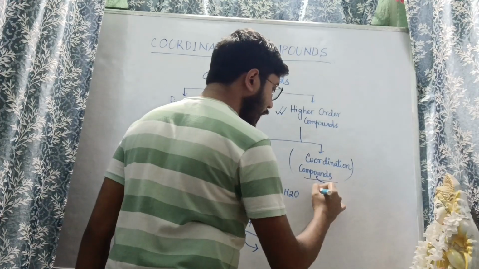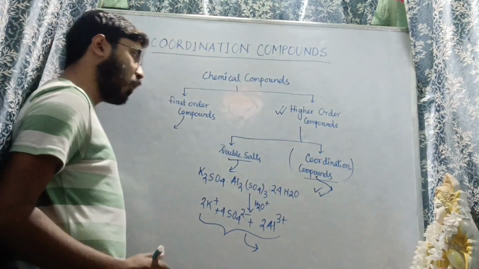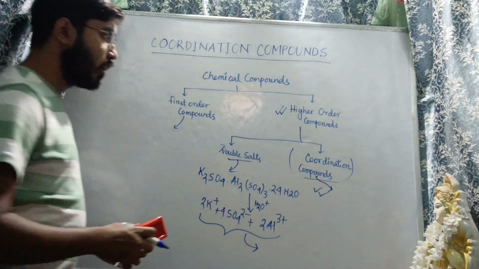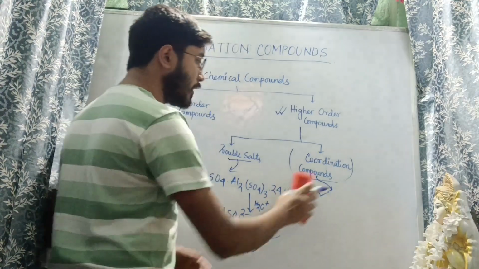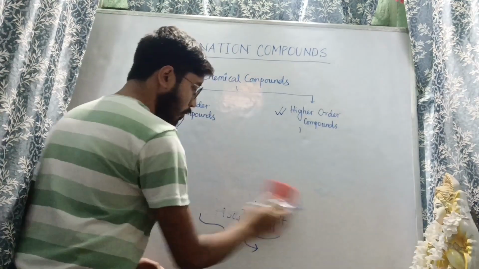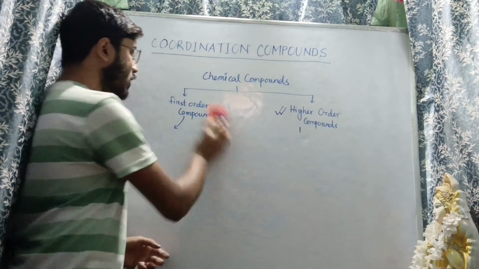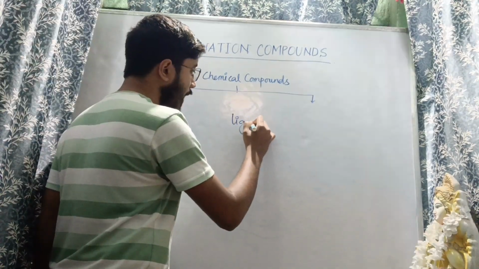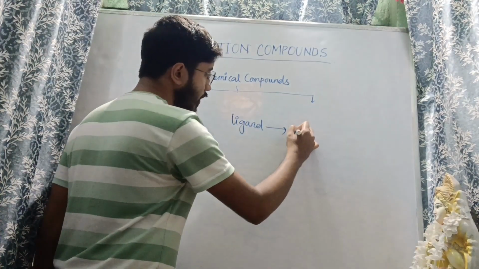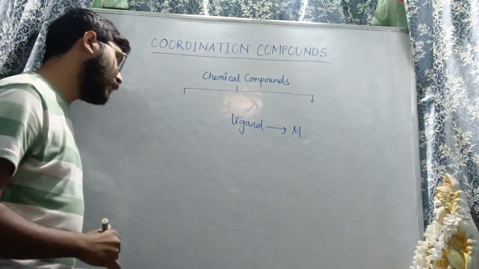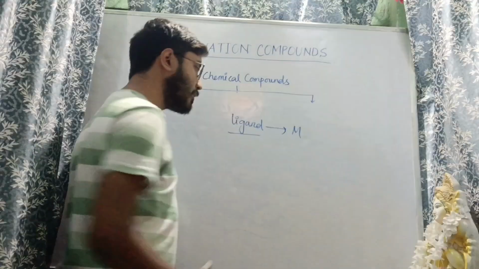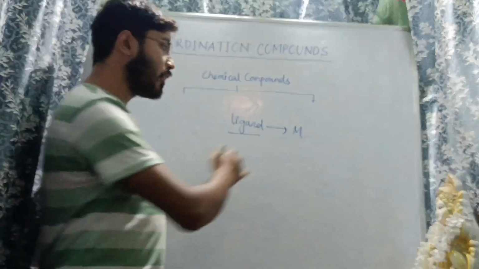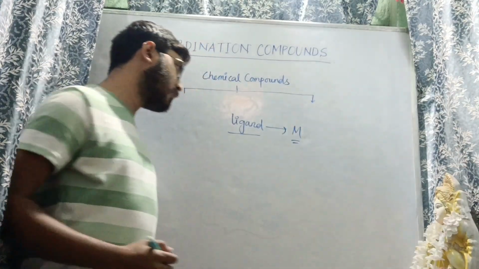Coordination compounds mainly comprise coordination bonds. So let us first discuss what is a coordination bond. Coordination bond is ligand to metal electron donation. We know that the ligand is the electron rich center as well as the metal is the electron deficient center.